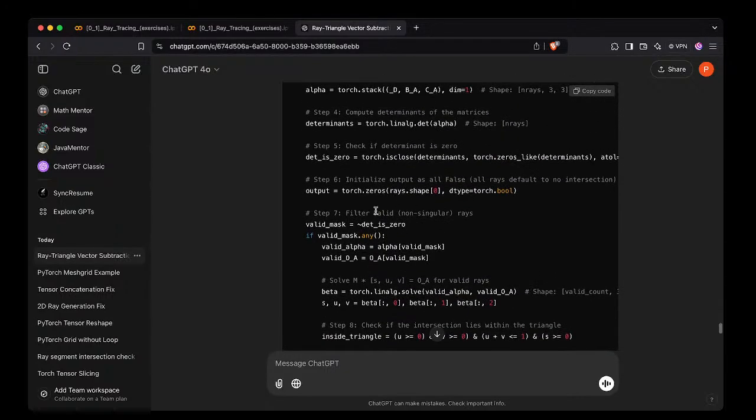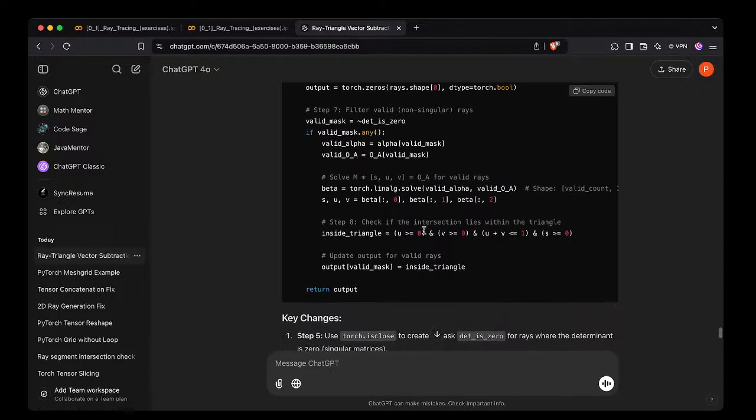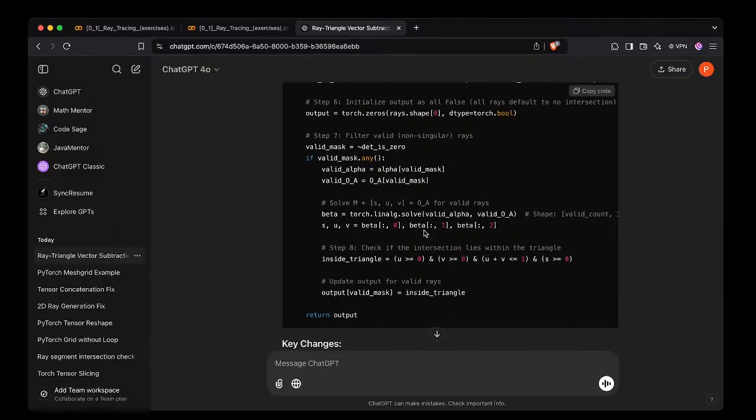I'm just going to do step 5: check if determinant is 0. Correct. Set those to 0. Valid mask is those which are not 0. If valid mask any, valid alpha equals alpha[valid mask]. Oh, okay.